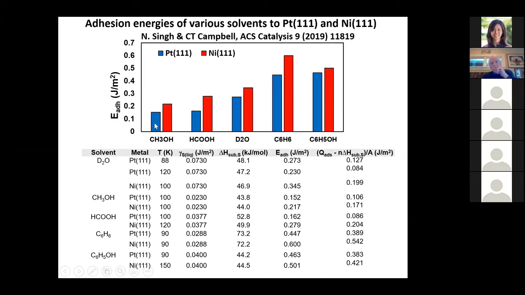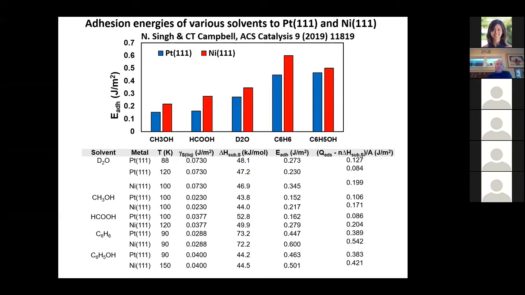So alkanes are over here, methanol works up. So suppose you had a solvent that was an alkane or methanol instead of water. Well, water is like 3, and these guys are like 1.5. So their adhesion energy is half as much to the surface per unit area as water.